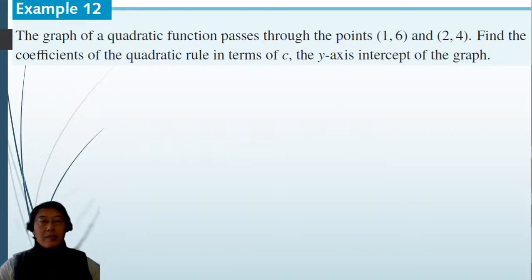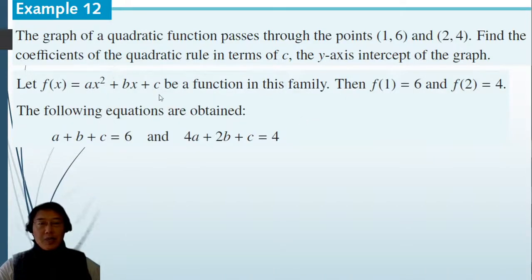Next example. So you have a graph of a quadratic function. It passes through (1, 6) and (2, 4). Find the coefficients of the quadratic rule in terms of c. So we need to determine how c fits into the quadratic. It's in the form ax squared plus bx plus c, so that's your constant term or your y-intercept.